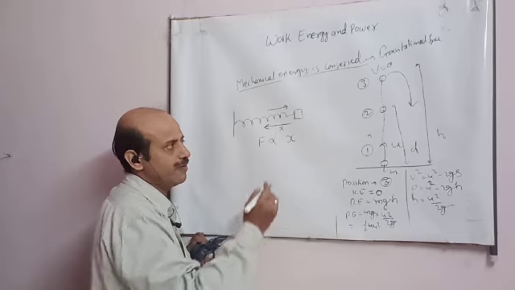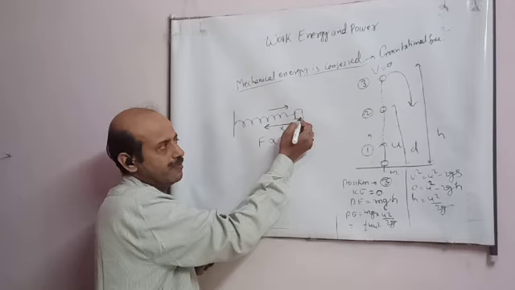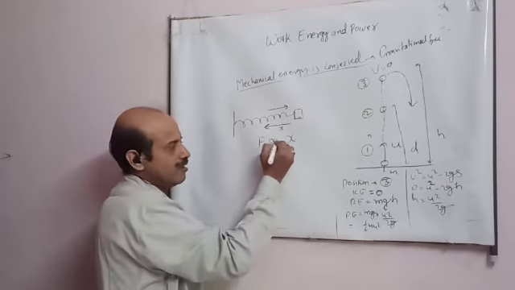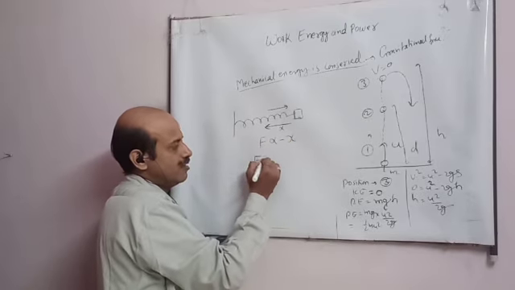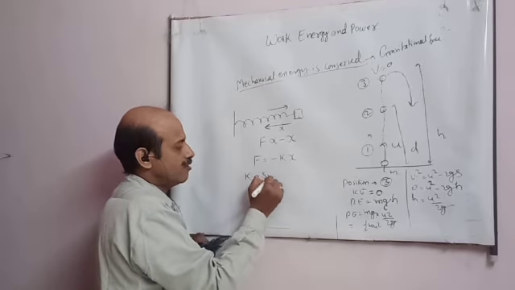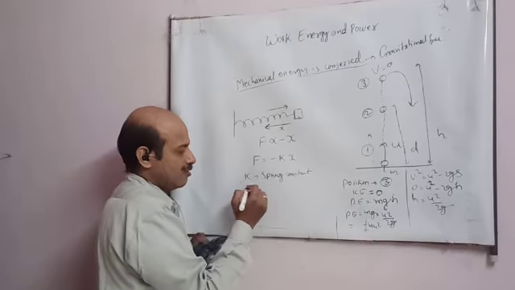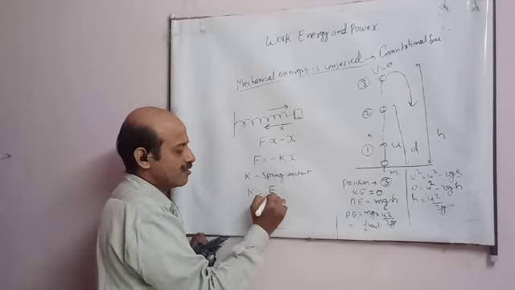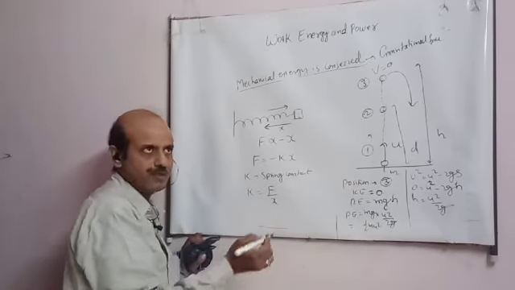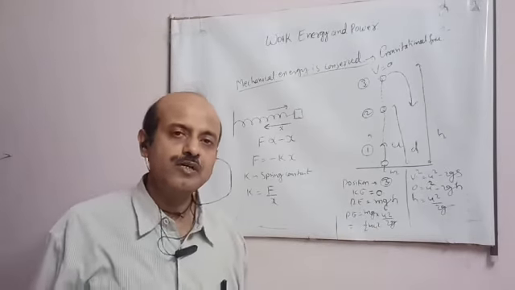If I apply force on this side, the force will act along the other side. If I elongate it, the force will be opposite. So the minus sign comes, and the expression becomes minus kx. This k is known as the spring constant. So what is spring constant? It is F upon x, the force required to elongate the spring by unit length.